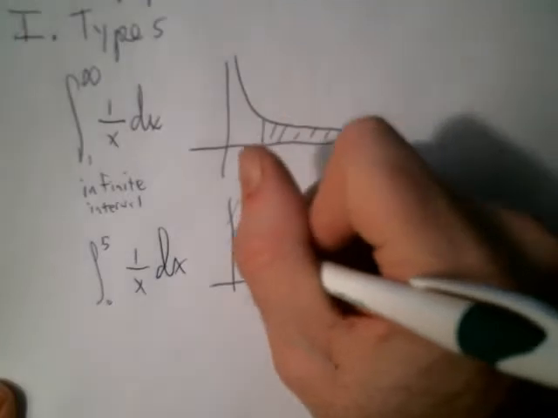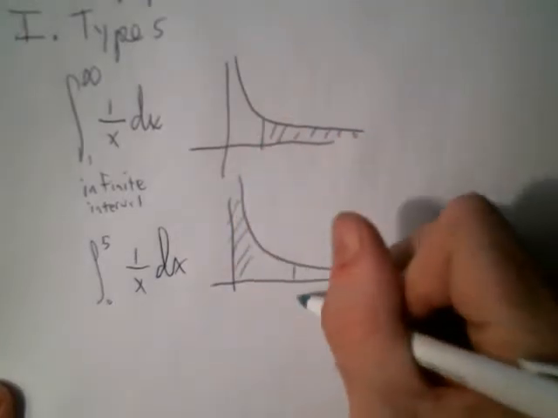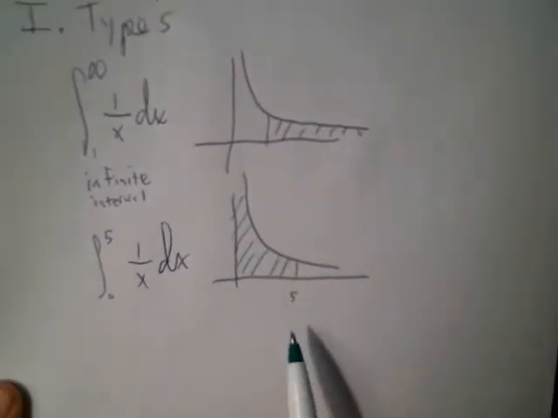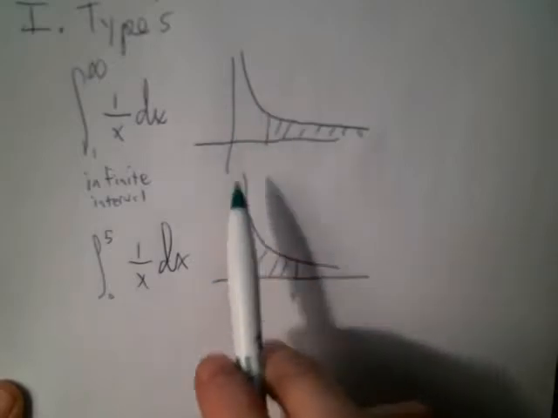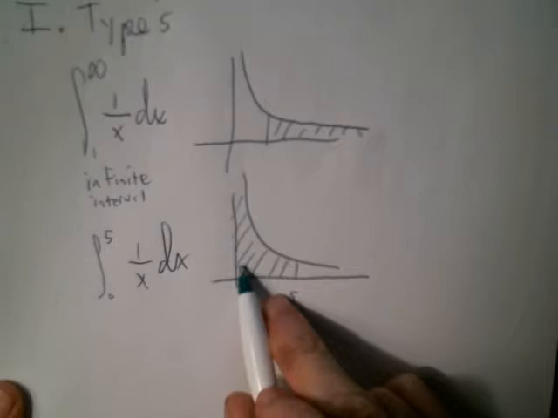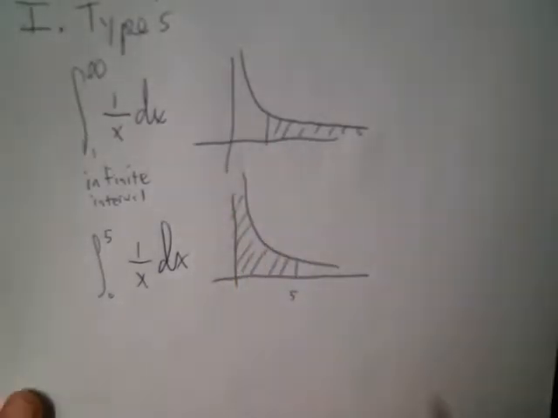So it's all of this space all the way up to whatever. Maybe it's not exactly this idea flipped, but you get the idea. We're trying to get all the area in here, like up here.